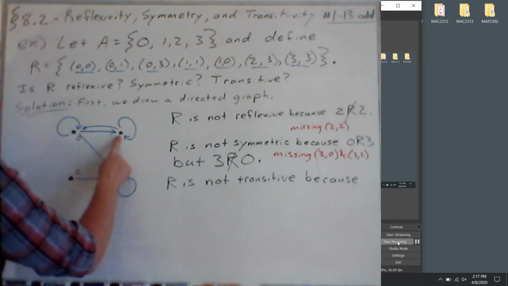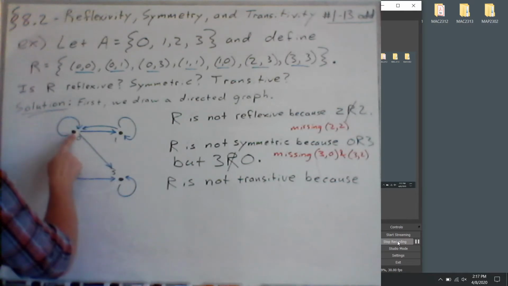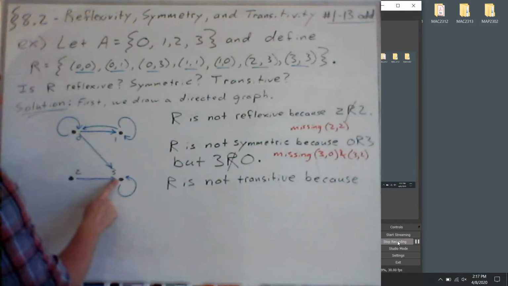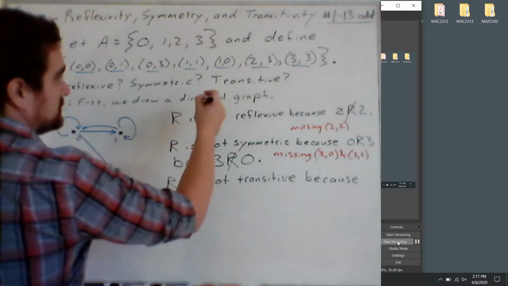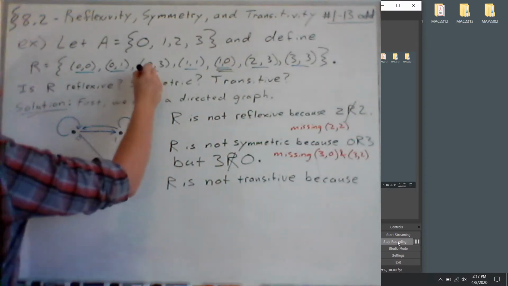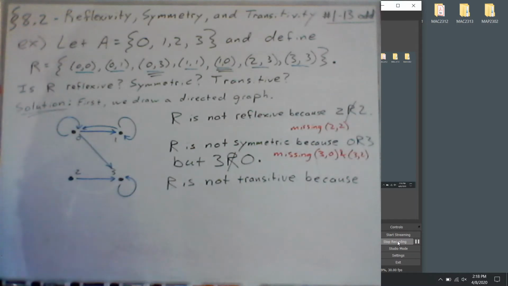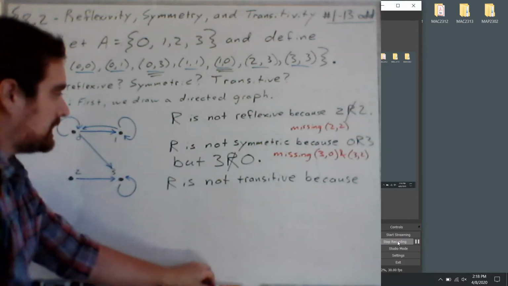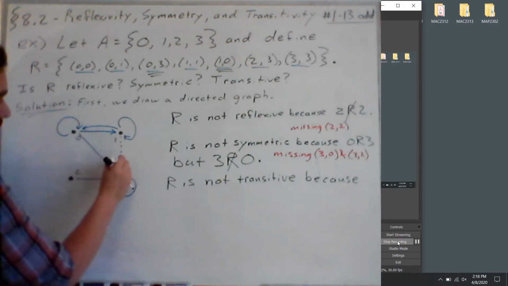Notice that 1 relates to 0, and 0 relates to 3. Right? So we have specifically 1 relates to 0, and we have 0 relates to 3, but we do not have 1 relates to 3. So again, we're missing this.